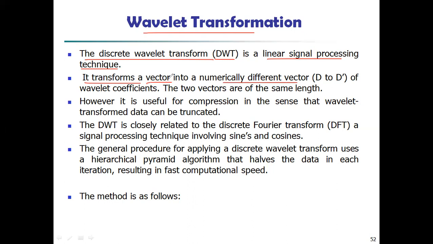If you give a vector of data to this method, it converts it into a different vector, but the lengths of the two vectors are the same after transforming.